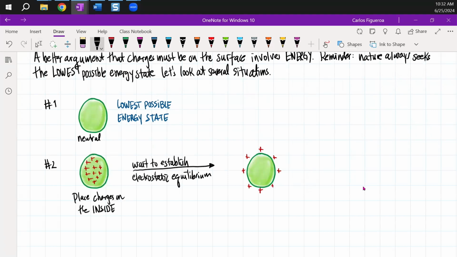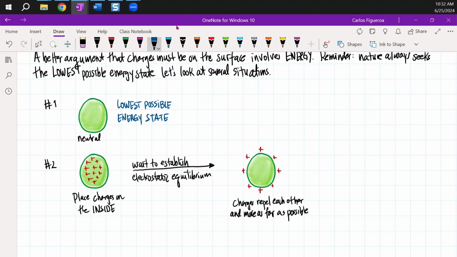So as we said before, what we're seeing here is that the charges repel each other and move as far as possible from each other. And that happens to be the surface.